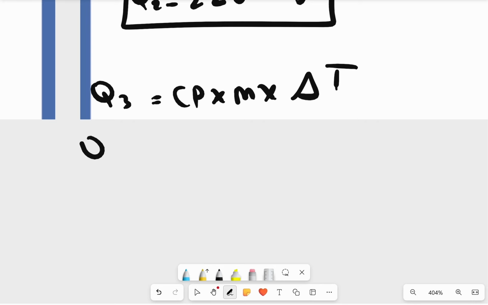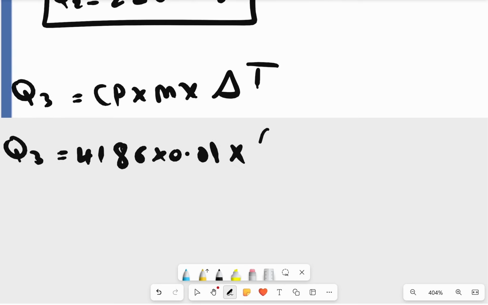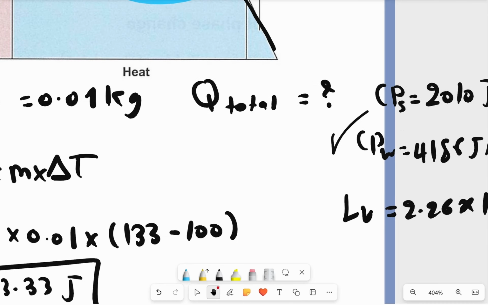So Q3 is going to be 4,186 times 0.01 times the change in the temperature of the water.